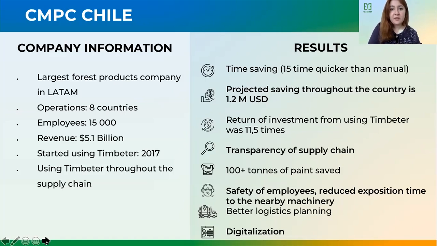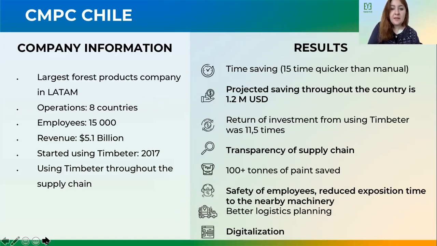Teambetter does provide transparency of the whole supply chain, and it also results in site cost reduction, since more than 100 tons of paint have been saved by switching to the digital timber measurement process.